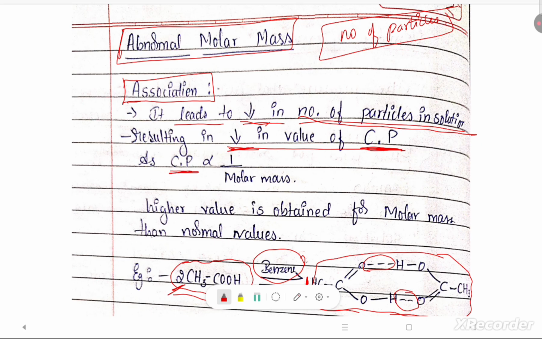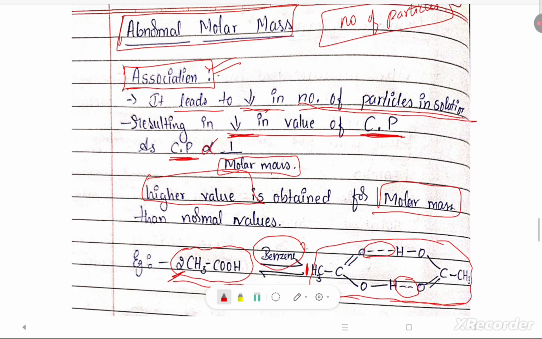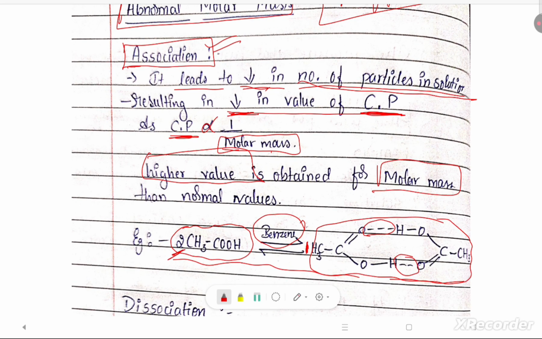As colligative property is inversely proportional to molar mass, the molar mass will increase. So the value of molar mass is higher in case of association. Remember this one, last year they asked a question from this topic. In case of association, the number of particles in the solution decreases, so colligative property also decreases, and molar mass increases.